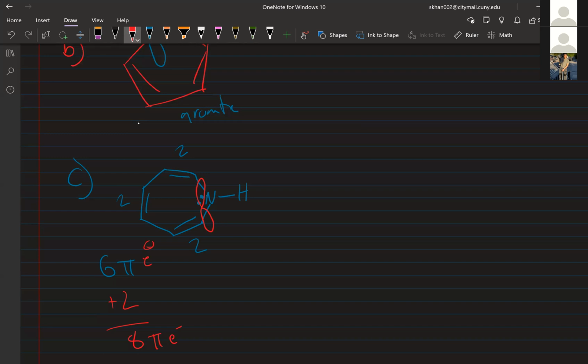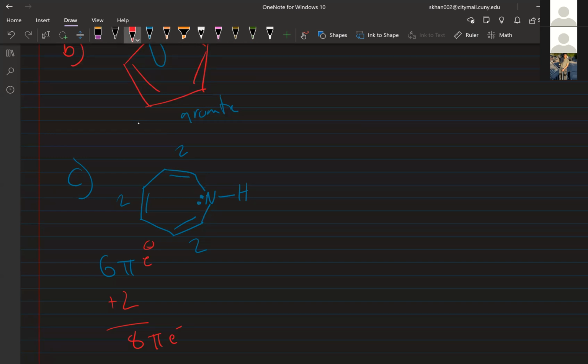Nature prefers the lowest state of potential energy. So things will always change themselves in a way to make themselves more stable or less strained, whatever that might be. So in this case, if this wasn't a p orbital and nitrogen was sp2, that would make this entire compound anti-aromatic, which is something we don't want.